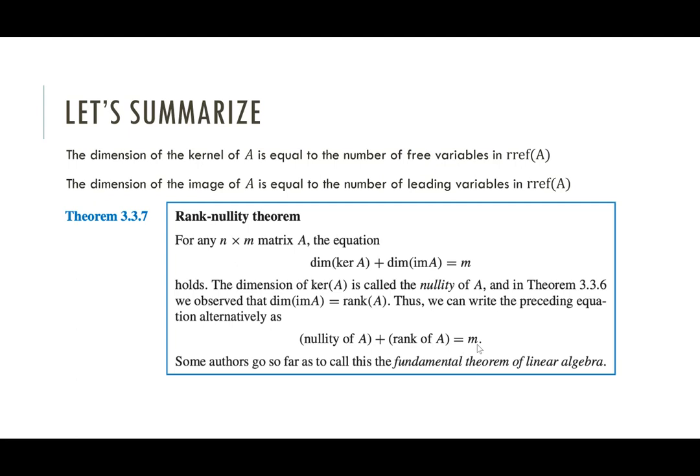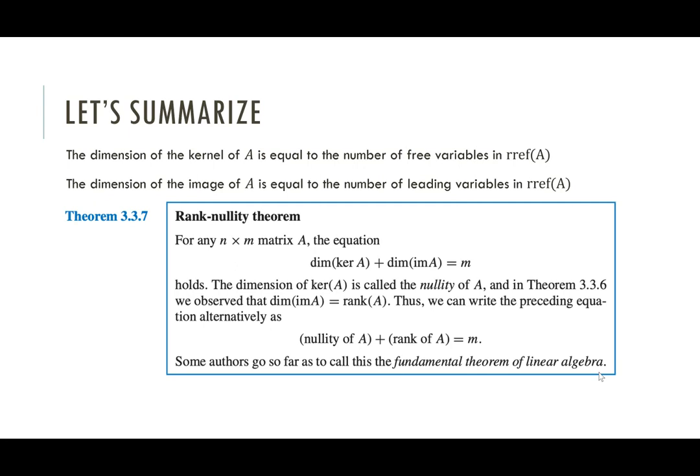And your author notes that some books go so far as to call this the fundamental theorem of linear algebra. And in one sense, you might think, why? I mean, of course, the number of free variables plus the number of leading variables equals the number of total variables.